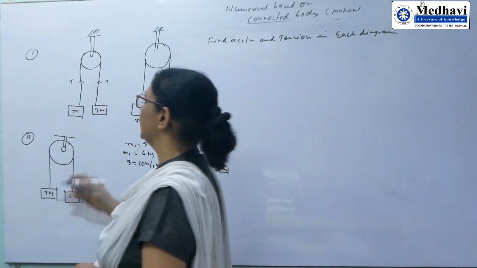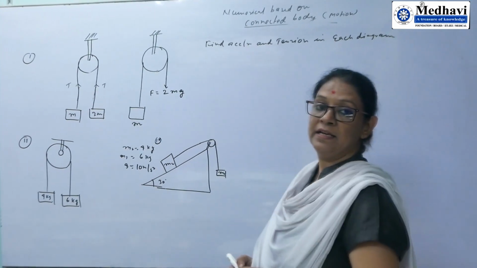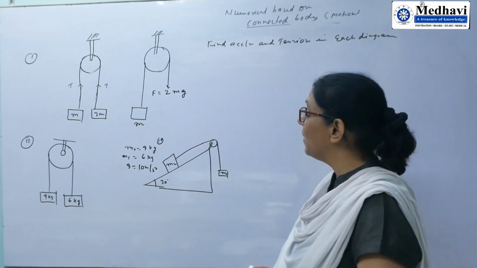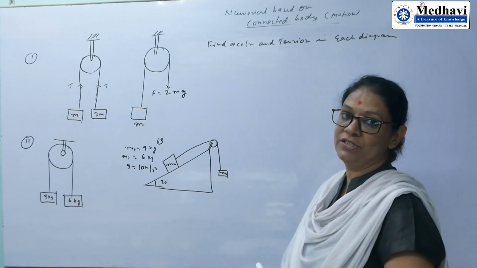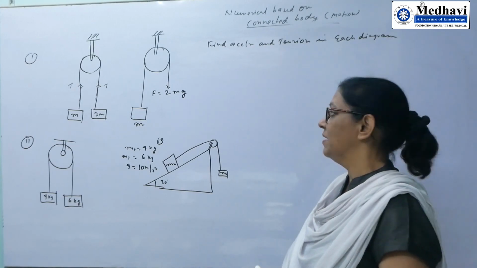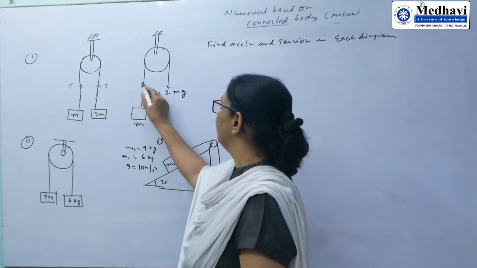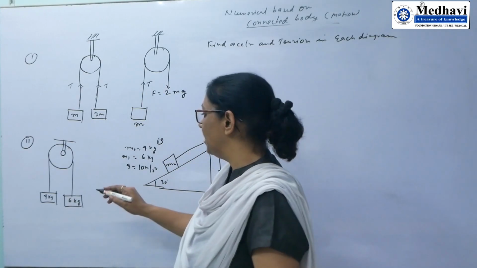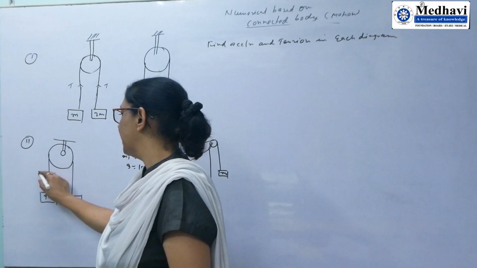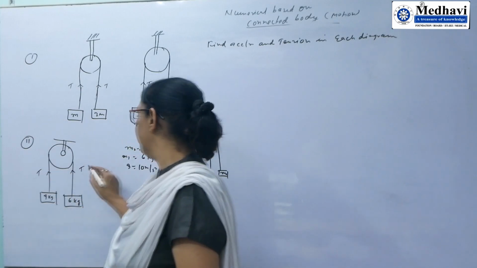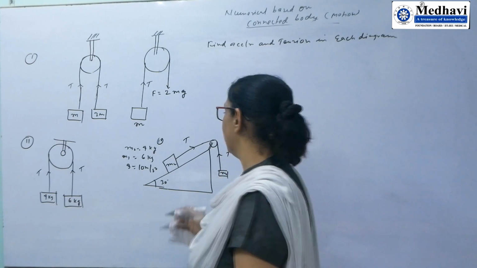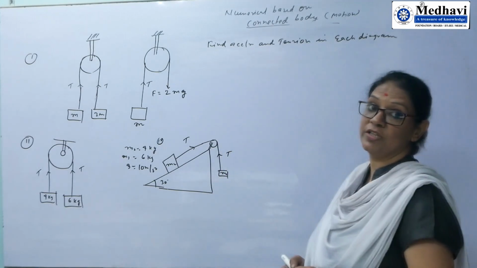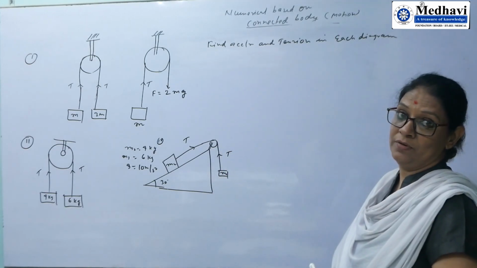As the same string is passed through a pulley, and 2 blocks are attached, the tension will be common. Here tension will be common. It is always in the upward direction. Whenever we are going to solve a question, mind it, tension is always in the upward direction. This is the first information that we have to remember.